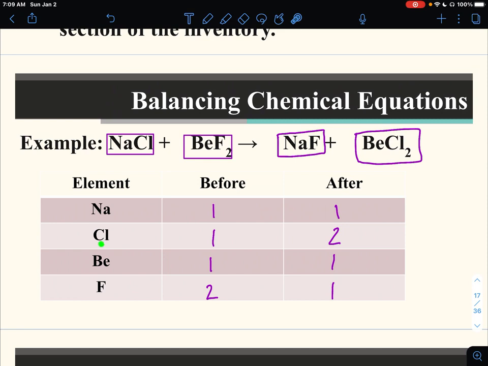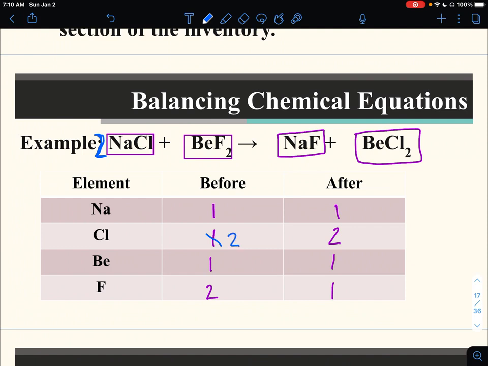So I find the Cl before the arrow, it's right here, and I change its coefficient to 2. The problem is I can't touch anything inside the boxes. So I can't change the subscript. That doesn't work. I also can't put a 2 in the middle of the formula. We've never seen that before, and we've been using formulas for a while. That doesn't work either. What I can do is put a 2 right here.